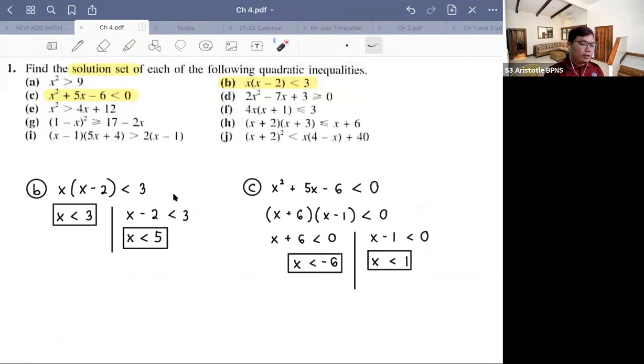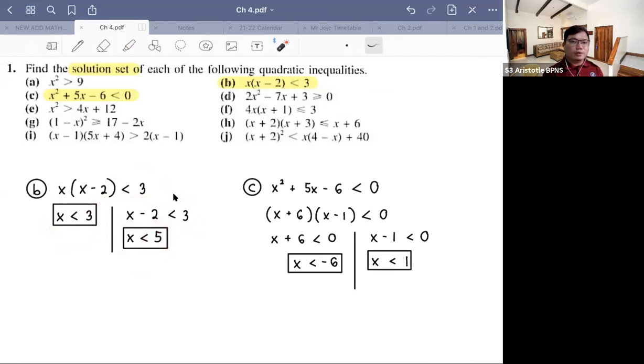So for this one, this is simply x is less than 3, and then x minus 2 is less than 3. All right, so solving this, you'll get x is less than 5. So the solution set for letter B are values from 3 to 5.